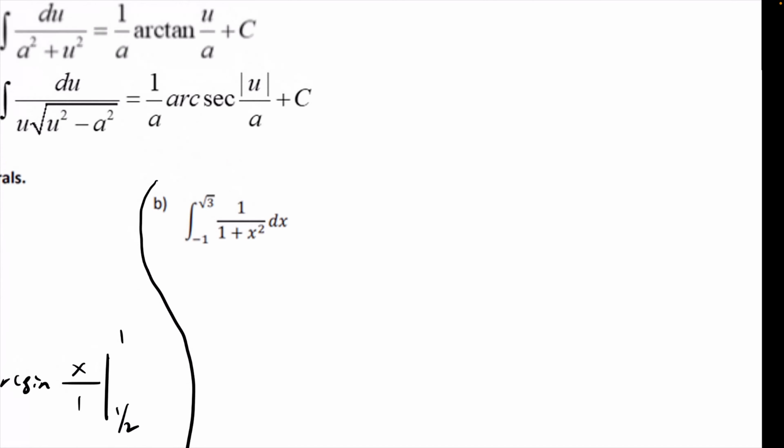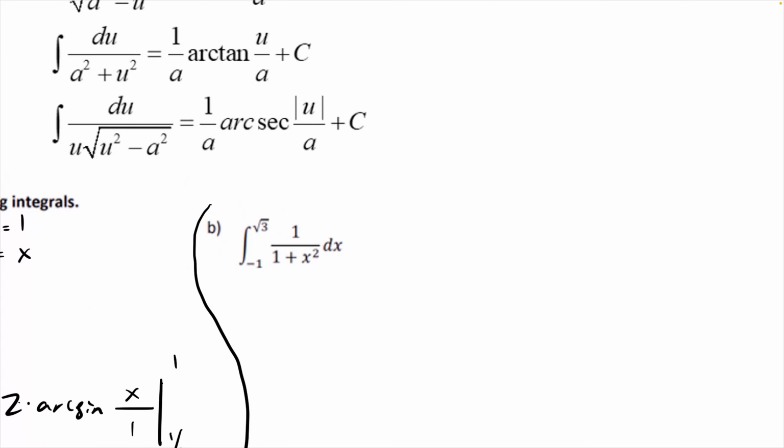So first thing I always do is rewrite it. Square root of 3, negative 1. So 1 over a squared plus u squared, because a is 1, u is x, right?